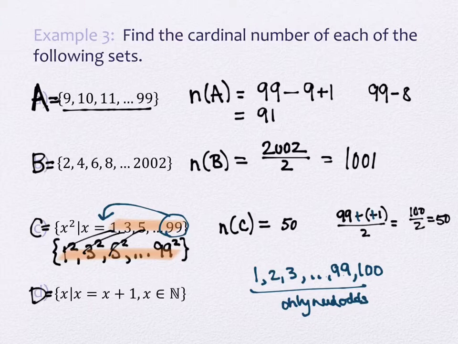Does 1 work? Let's try. Does 1 equal 1 plus 1? No, it doesn't work. How about 0? No. So what numbers work?